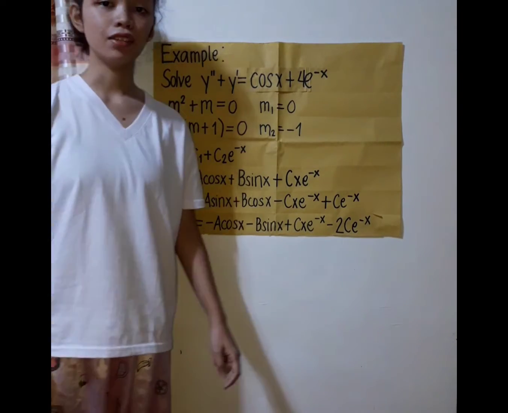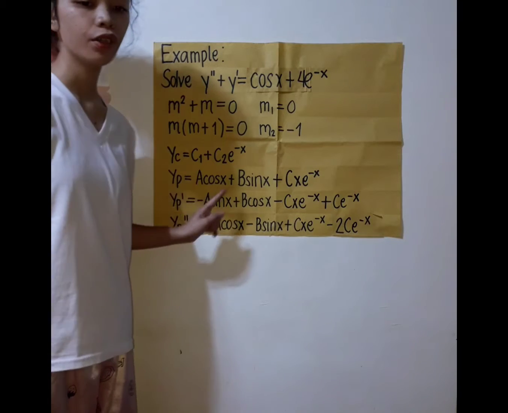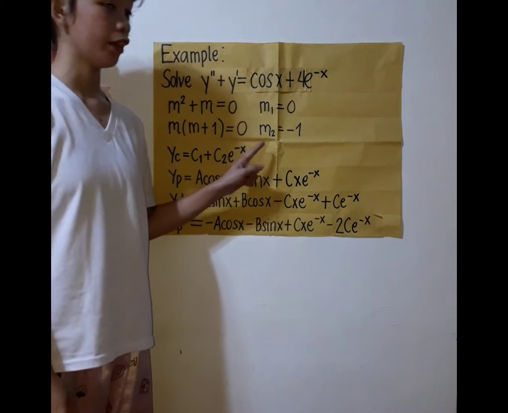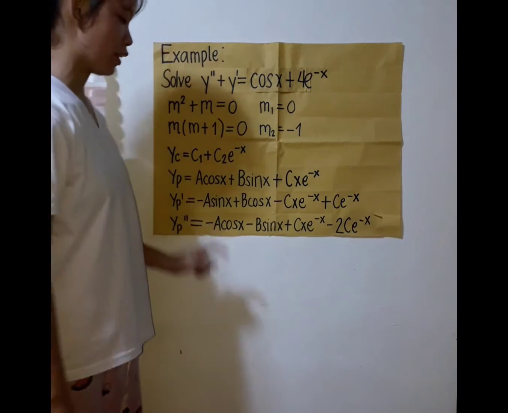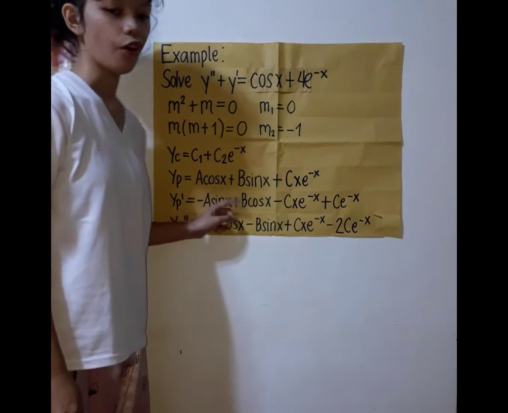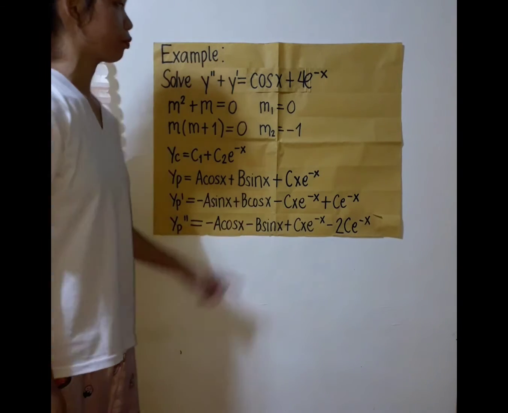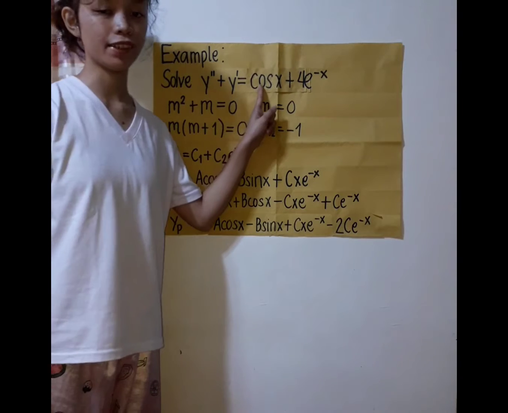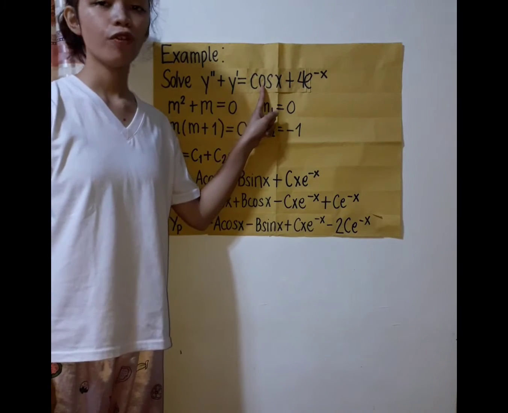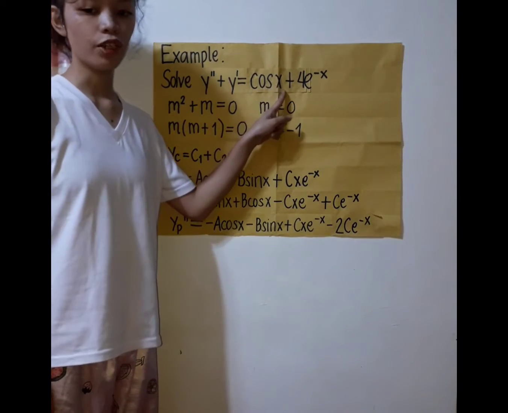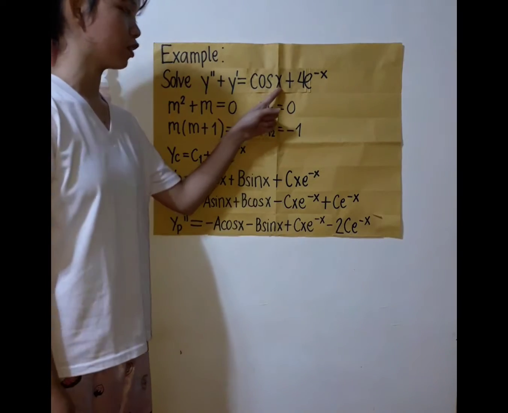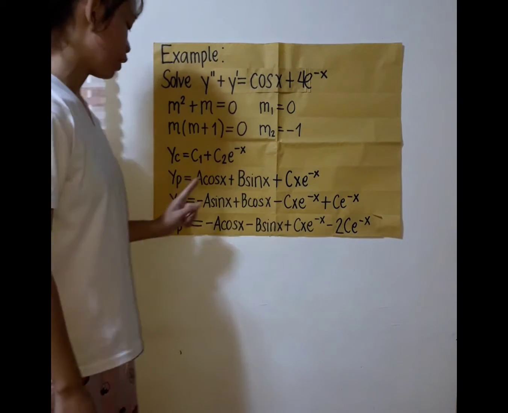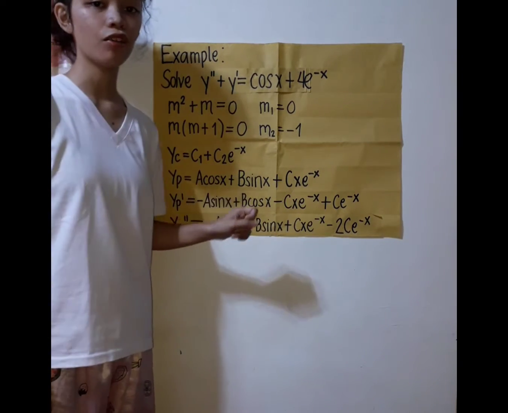Ang next step natin is to come up with our YP. So, ano nga ba ang i-assign natin na expression para sa ating particular integral or na tinatawag nating YP? So, di ba ito yung f of x natin? So, yung f of x natin ay two terms, which is the cosine x. So, dapat ang magiging YP natin ay sum ng cosine x.